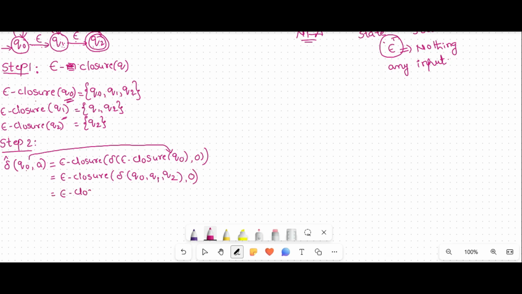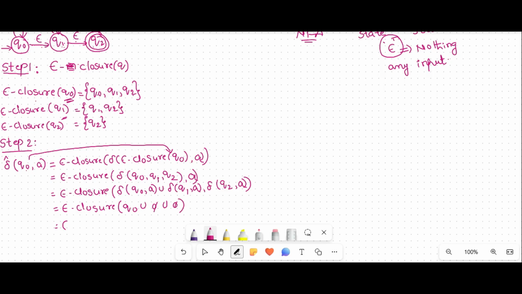That is the epsilon closure of delta of Q naught with A, union delta of Q1 with A, union delta of Q2 with A. Q naught with A is Q naught; Q1 with A, there is no transition; Q2 with A, there is no transition.